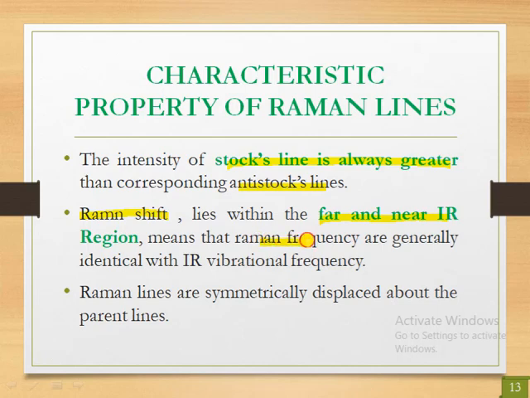It means that the Raman frequencies are generally identical with IR vibrational frequencies, but there is a change in excitation, and the Raman lines are symmetrically displaced about the parent line. It means that when the temperature increases, their individual separations from the parent line decrease, and the frequency difference between the modified line and the parent line represents the frequency of the absorption band of the material.